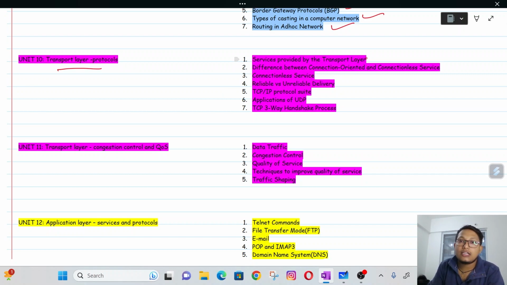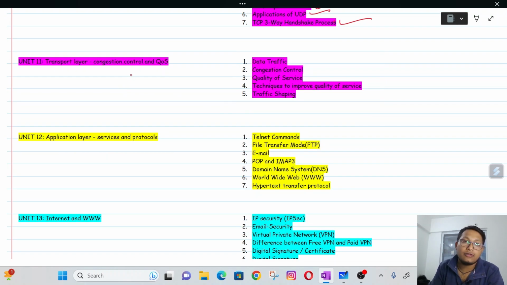Those are: services provided by the transport layer, difference between connection oriented and connectionless service, reliable and unreliable delivery, TCP/IP protocol suite, applications of UDP, TCP three-way handshake process. In unit 11 of the transport layer, which is about congestion control and QoS, there are 5 subtopics, and those are data traffic, congestion control, quality of service, techniques to improve quality of service, traffic shaping.